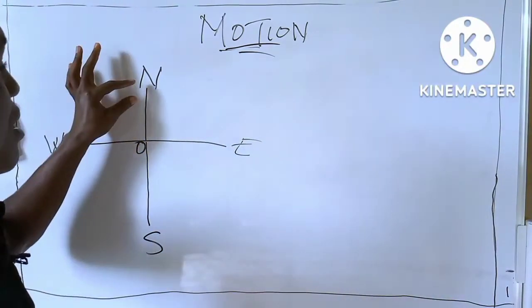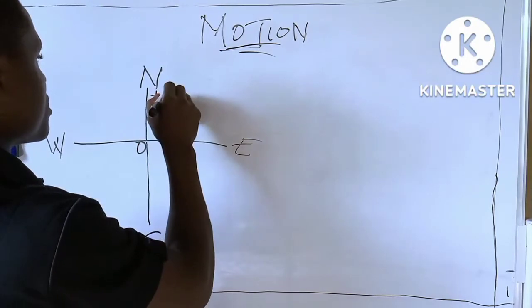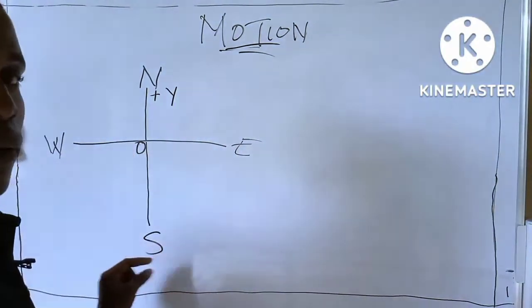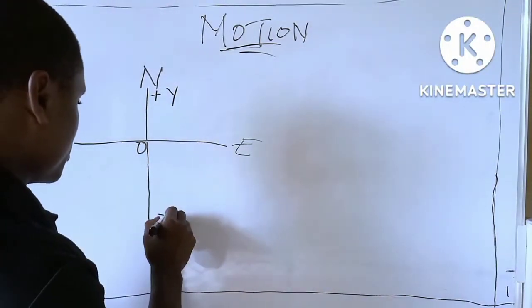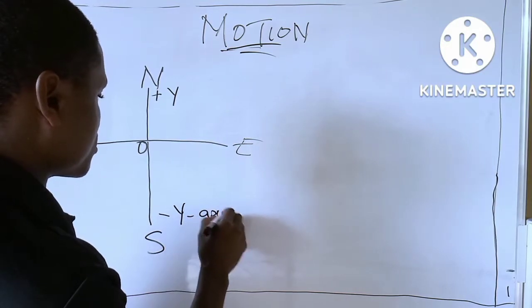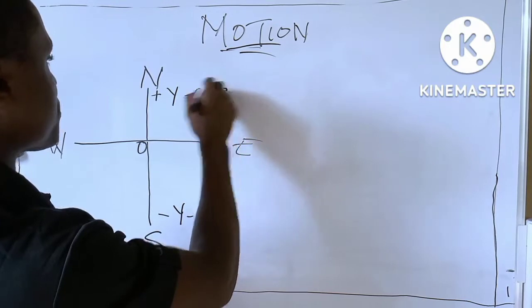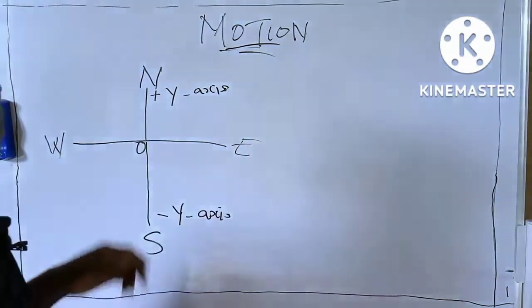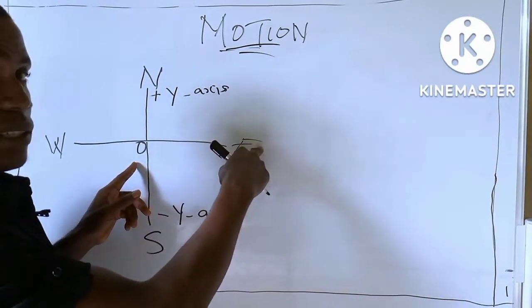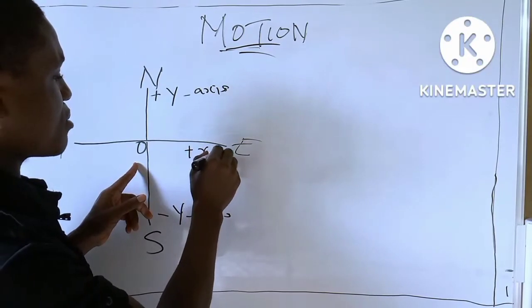Above the center O is the positive y-axis. Below the center O is the negative y-axis. From the center to your right, which is the east, is your positive x-axis.